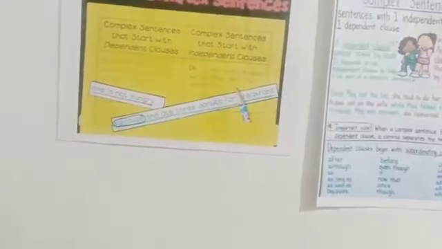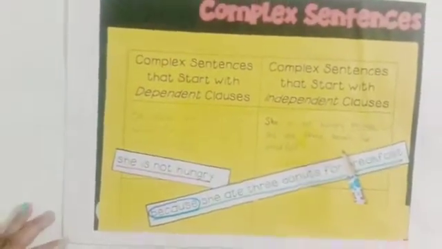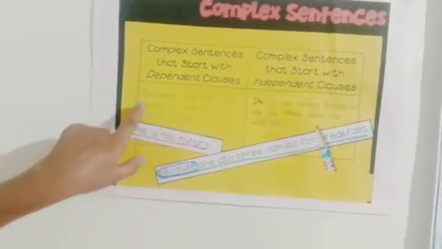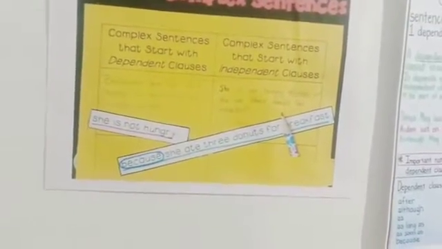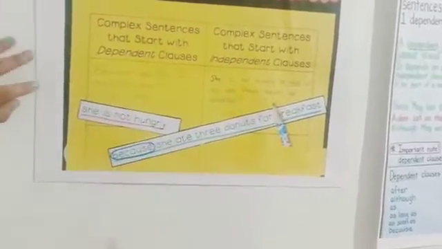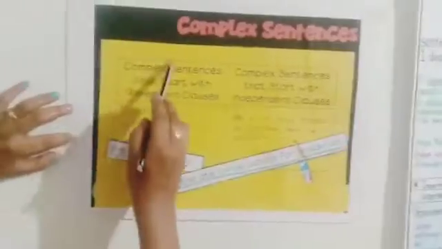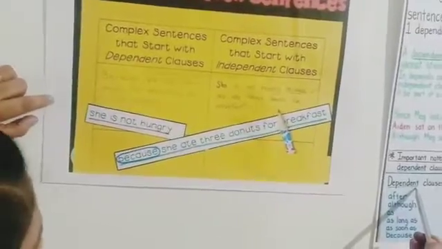Okay, another one. Next we are going to write structure 2. How to create structure 2? Dependent clause, comma, independent clause. Okay. See here how to start the same sentence. I'm going to start this structure 2 with the help of a dependent clause at the beginning.